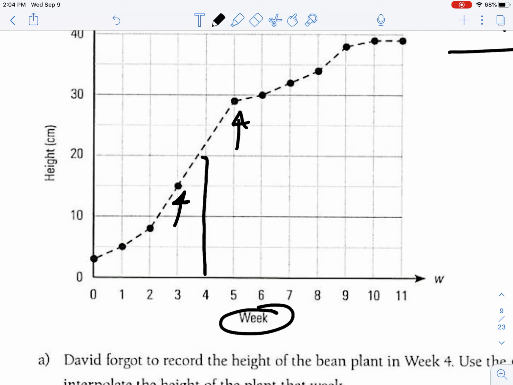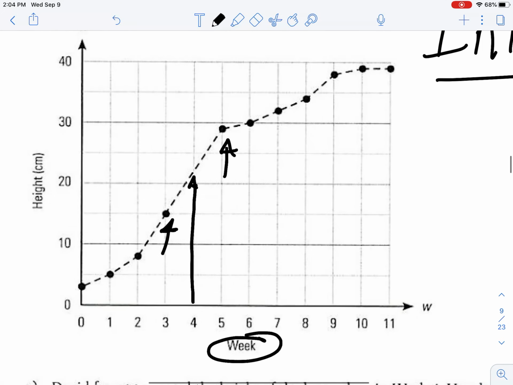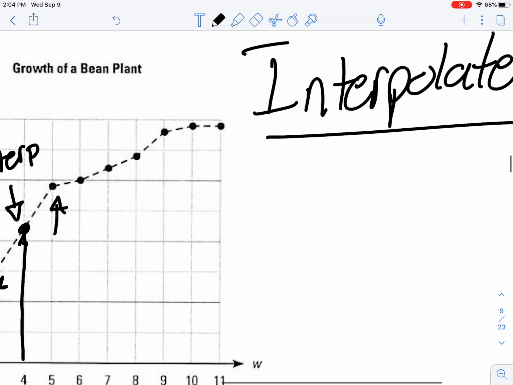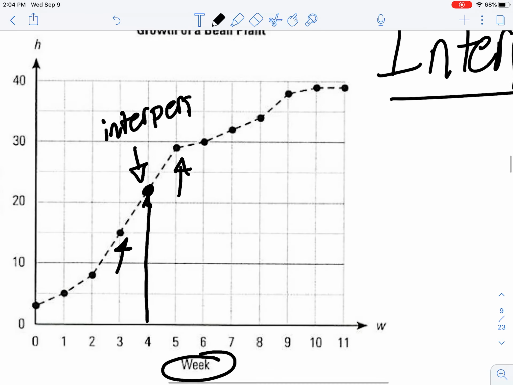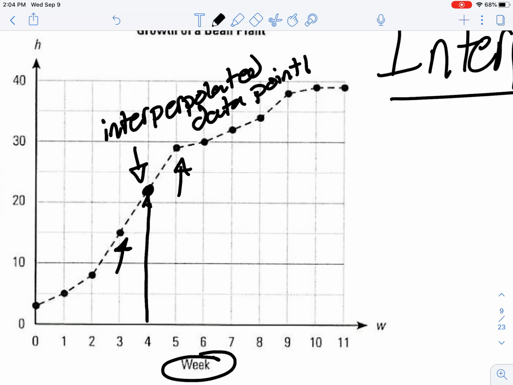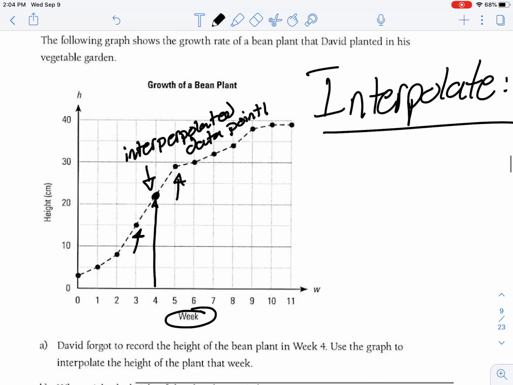Here on week 4, we took no data point, but we can estimate, aka we can interpolate, what that data point would have been. Okay, so this is an interpolated data point, because we can guess where that data point will be.